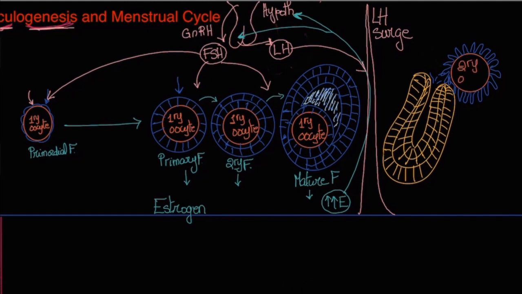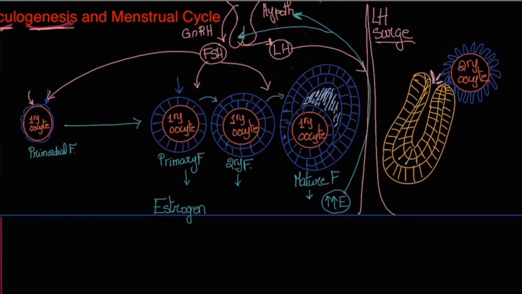It allows the primary oocyte to complete the first phase of meiosis. Another effect of the LH surge is the release of the egg from the follicle, and this process is what we call ovulation. So ovulation takes place under the effect of this LH surge.